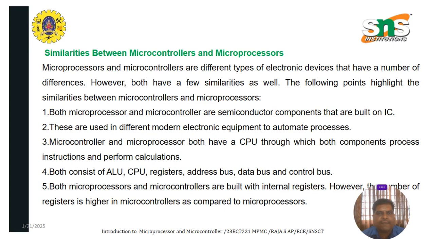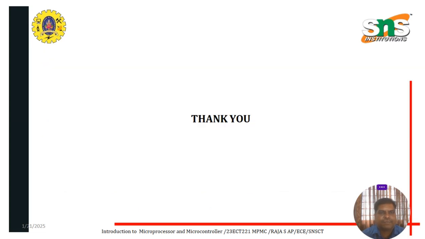Apart from this, they differ in bus structure, and a microcontroller has an internal memory, an oscillator circuit, and timers and counters are also available in microcontrollers, while a microprocessor is basically a programming microprocessor only. Because of this, microprocessors and microcontrollers are used in various applications in the electronic domain.